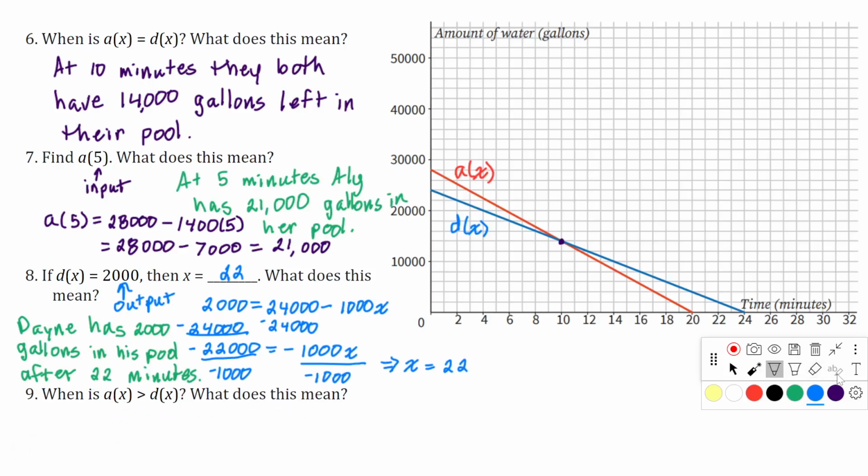I can write that it's from 0 to 10, but I'm going to use a parenthesis on the 10 because that's the point where they're equal. So what does this mean? For the first 10 minutes, Allie has more water than Dane.